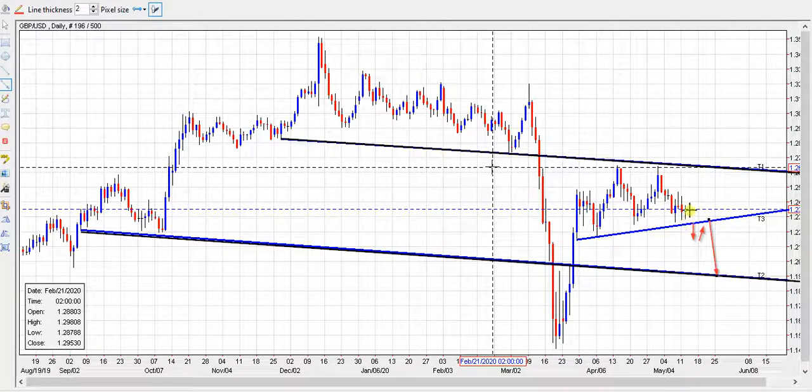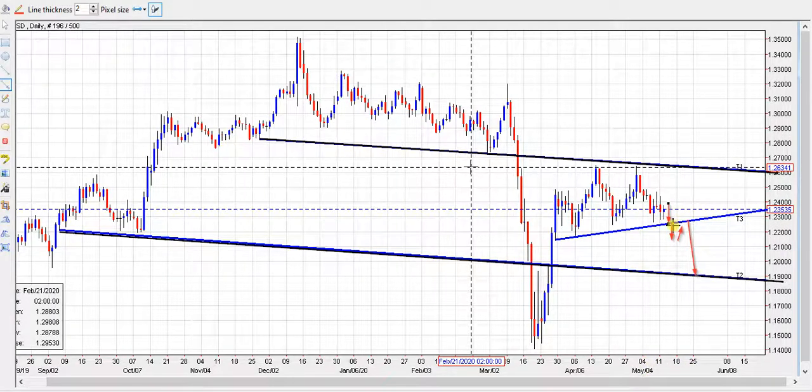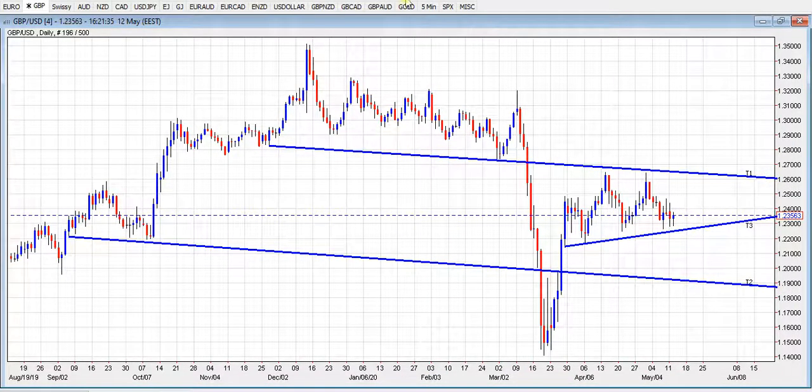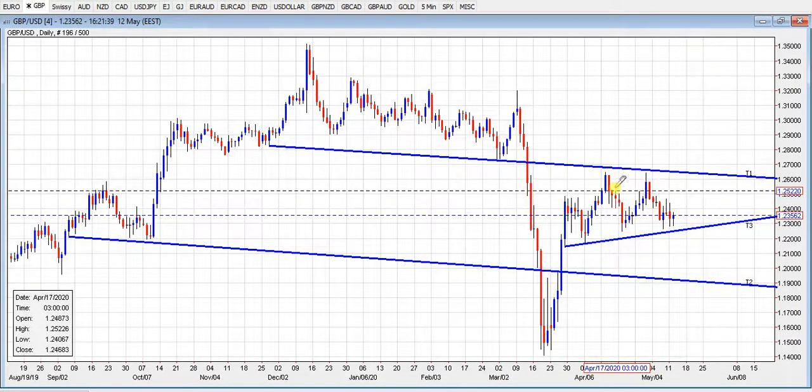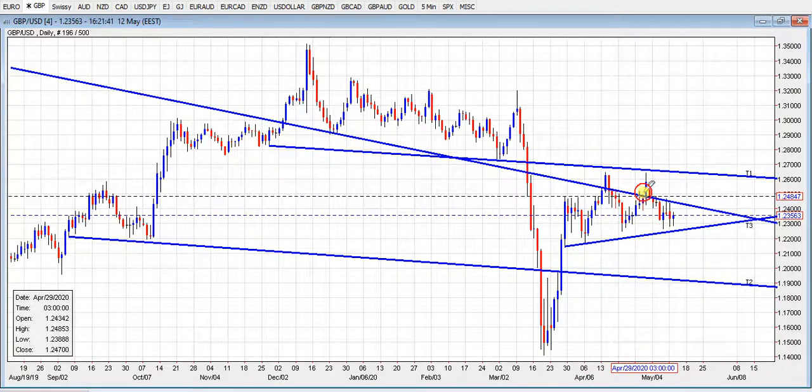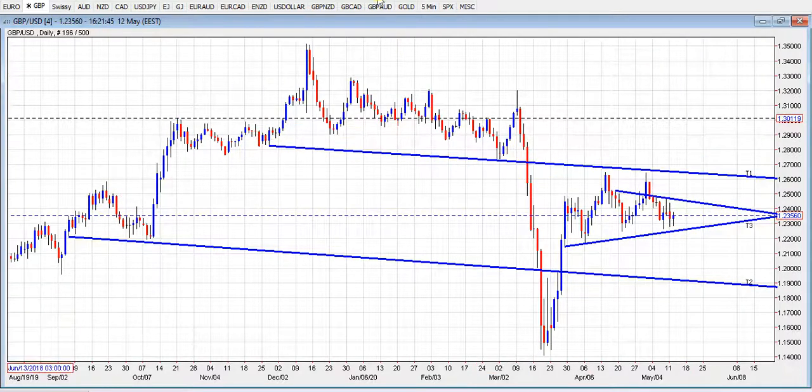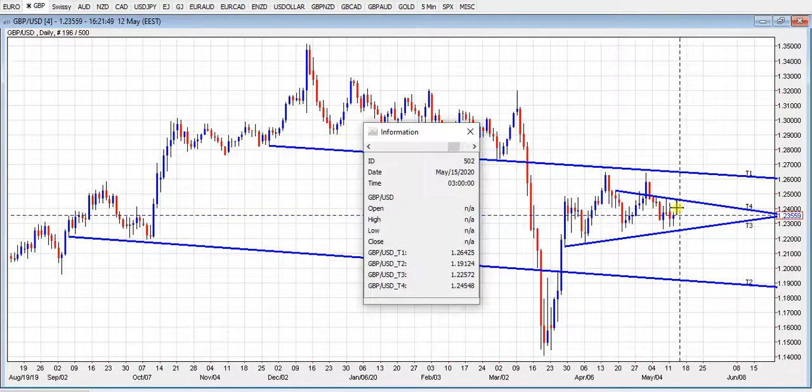Otherwise, I still would expect another return, at least a test back towards 2230, 2235, around these numbers, and then a potential move on the higher side. This is a resistance that I'm looking at within this channel, roughly about 2460. Yeah, 2460 is the main resistance.